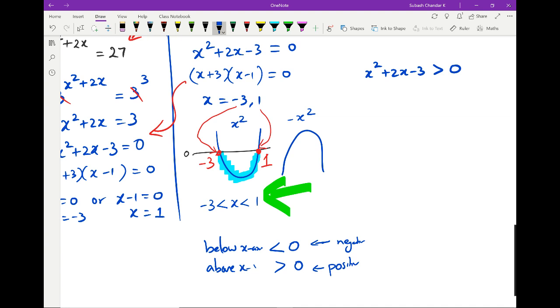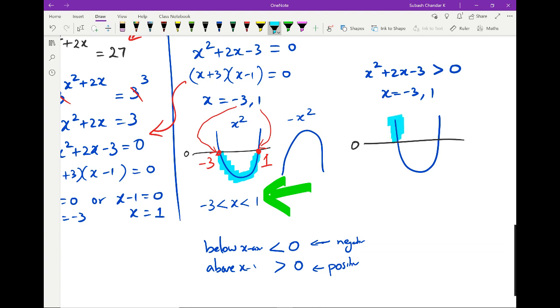So I'm still going to factorize, and I'm going to get my 2 solutions, which end up being -3 or 1. But when I go to draw it, this is what my parabola would look like because it's a positive x squared. And then I've got my line there, which is 0. But this time I'm looking for greater than 0. And because I'm looking for greater than 0, I'm looking above the black line.